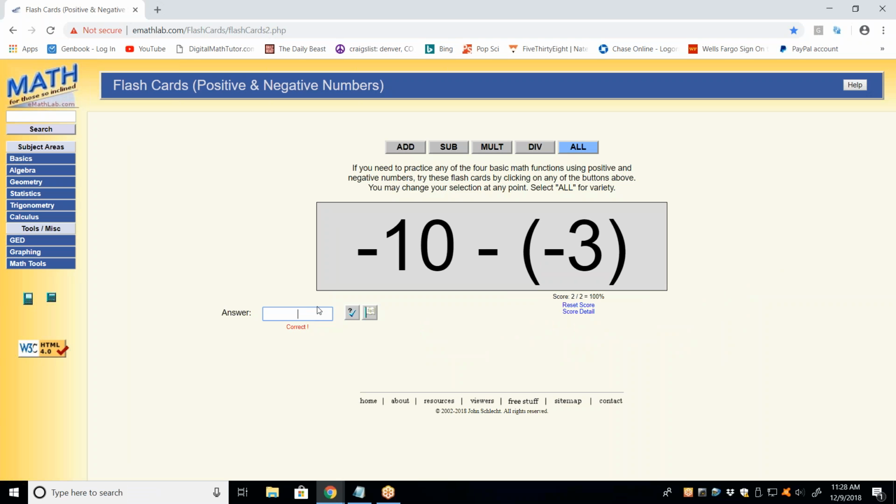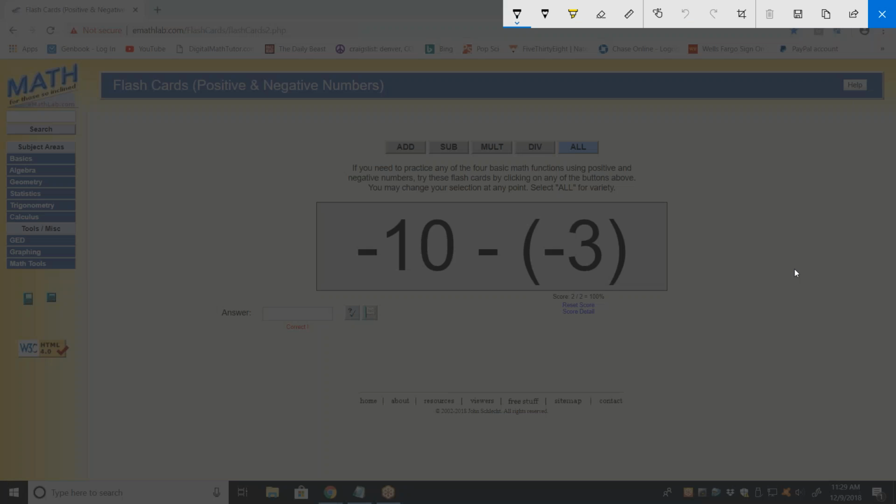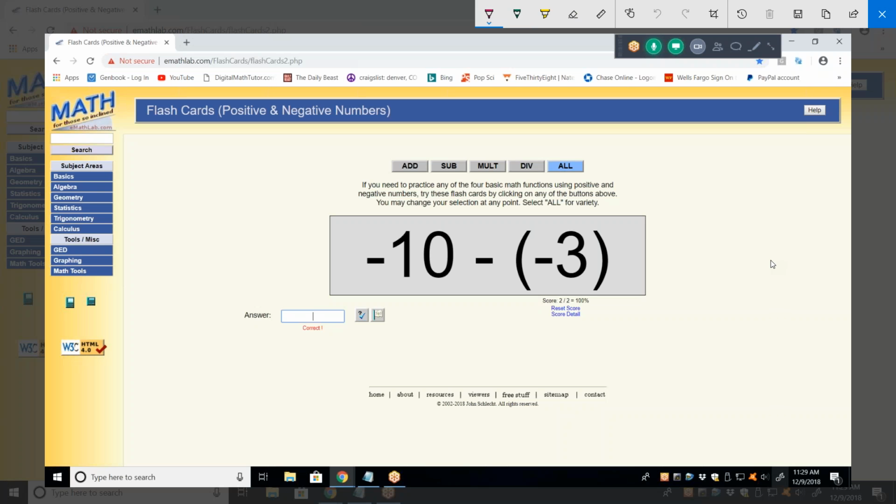Okay? Again, we have a subtraction problem involving a lot of negative signs. So what am I going to do? How many steps is this? It's 2. Okay, what's the first step? You tell me. You make it an addition problem. So it's -10 plus positive 3.